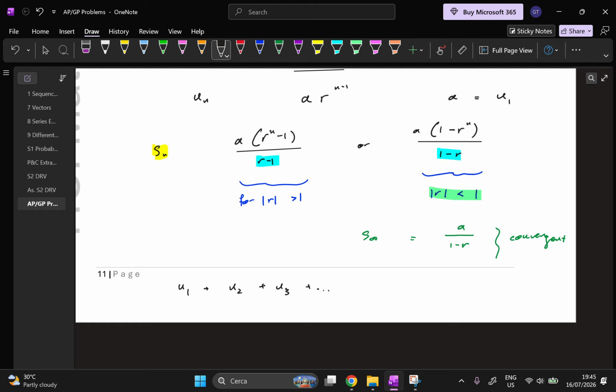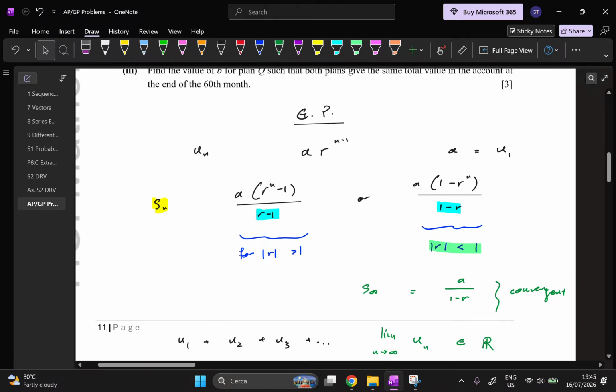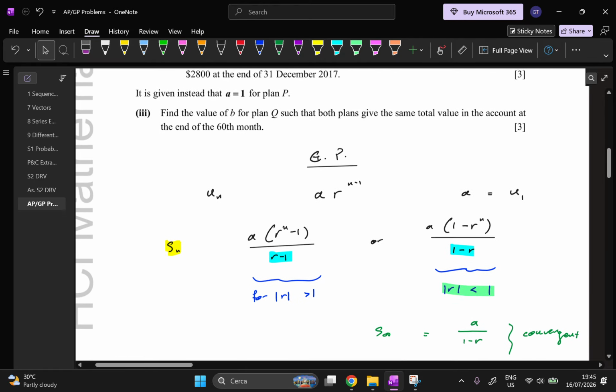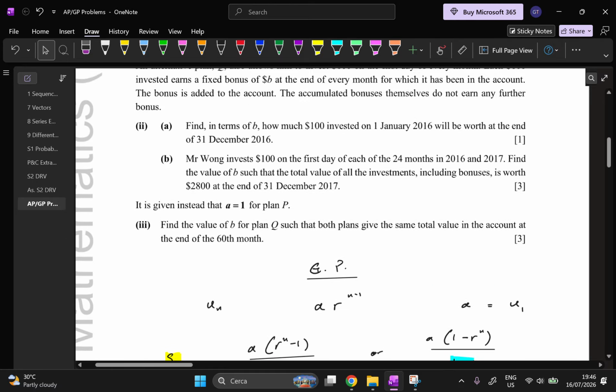So if it's convergent, this is also to say that the limit of this as n goes to infinity is some kind of real number that can be defined. If it was divergent, then it would diverge to some kind of infinity, and then we cannot define it as a real number.